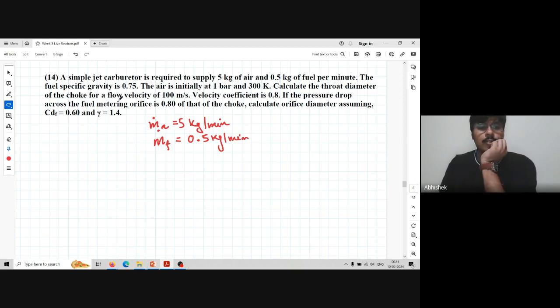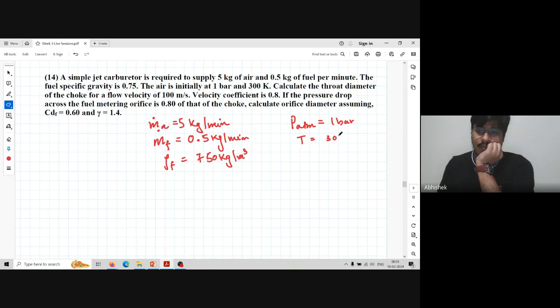The fuel specific gravity is 0.75, so what is the density? Just multiply by 1000. It is 750 kg per meter cube. Then the air is initially at 1 bar, so P atm is 1 bar. T is 300 Kelvin.